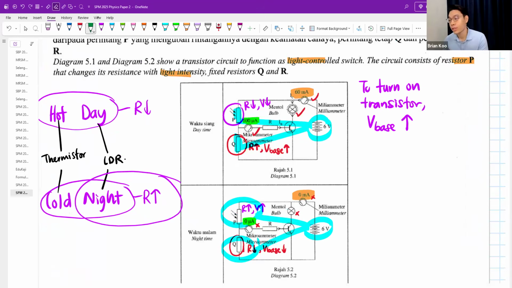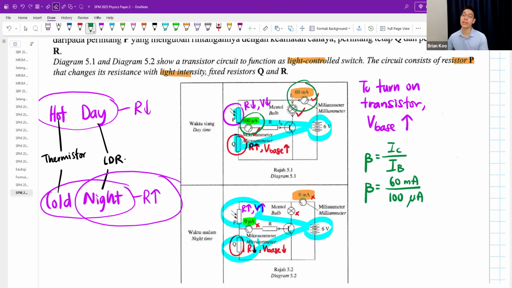That is because even though it's very straightforward, you just put in only. However, the units, you have to know your milli very well and your micro very well. If you sub in collector current 60 milliampere and base current 100 microampere, milli and micro cannot cancel.